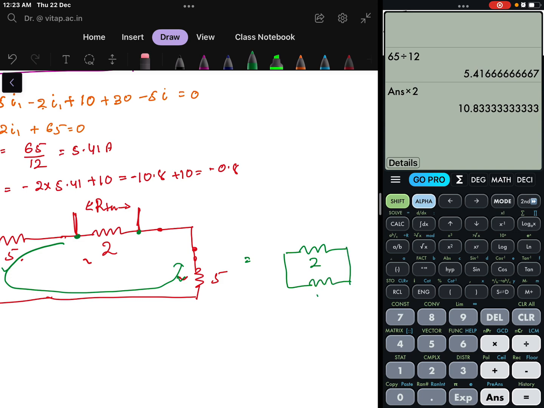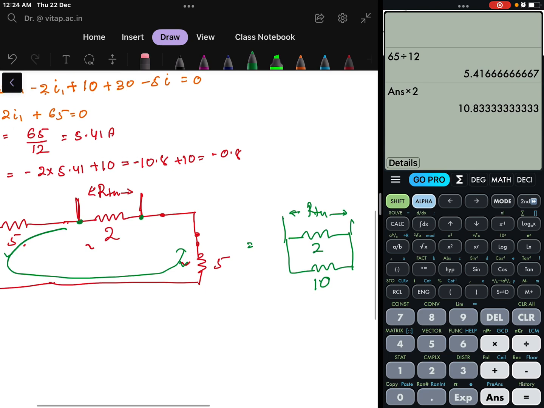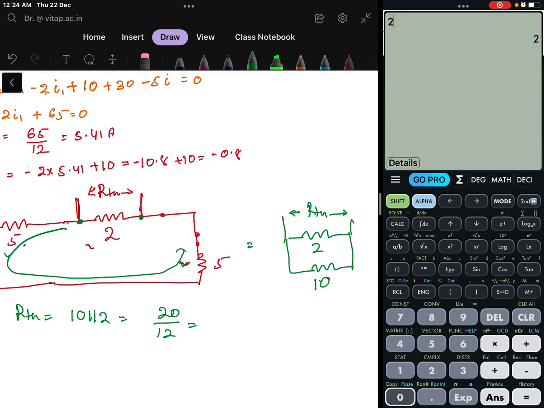So this value will be how much? 5 and 5 in series, so 10, and we have to calculate what is the RTH value here. So RTH will be equal to 10 parallel 2, that is equal to 20 divided by 12. So this is equal to 1.66 ohms.